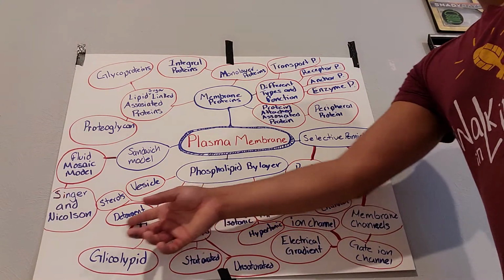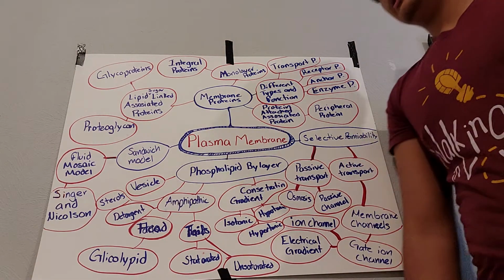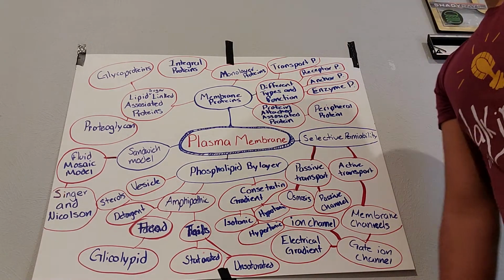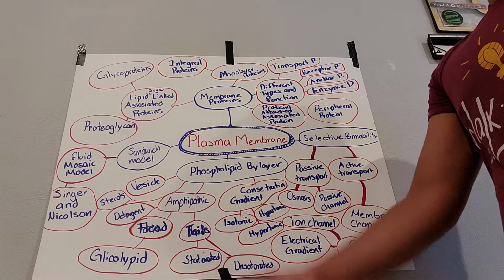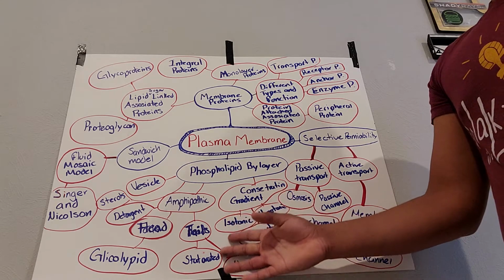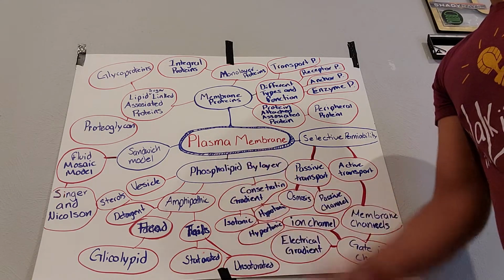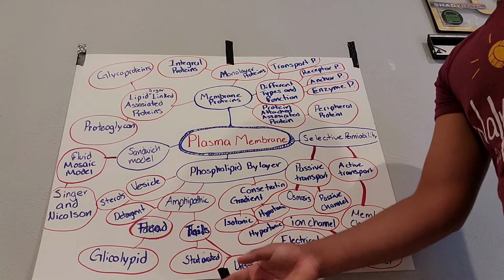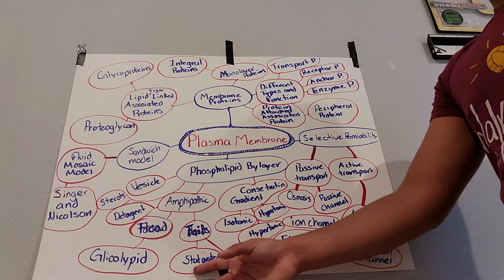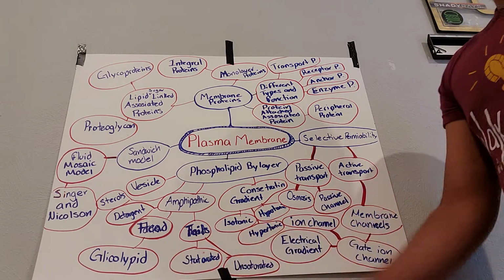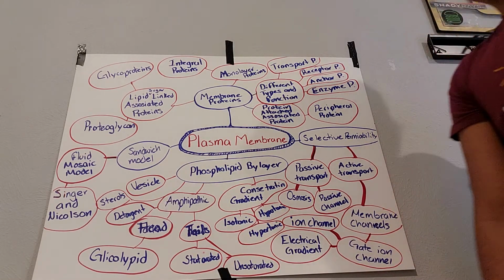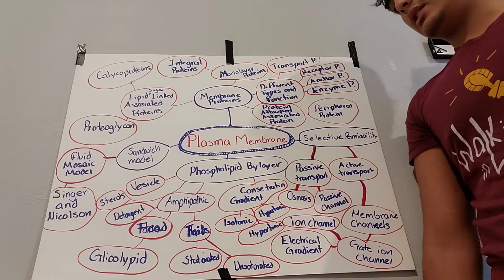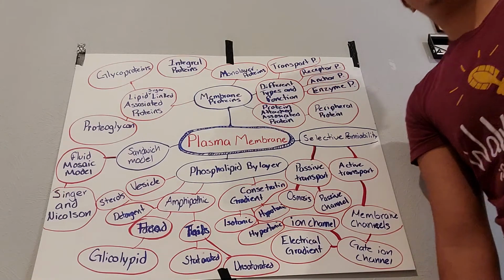You also have detergents. They're also amphipathic molecules, but they only have one tail compared to a phospholipid that has two tails. The tails of the phospholipids can be saturated, which means that there are no more carbons in that tail that can be bonded to another hydrogen.